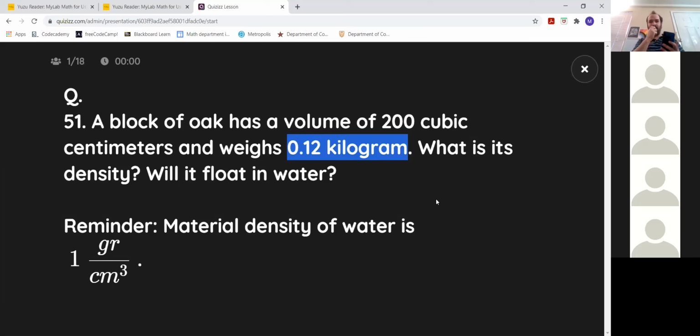What should this be in? Oh, I've got to make a little conversion to this thing first. So this is in kilograms, and we want to go to grams per cubic centimeter. What do we have to convert this thing to?